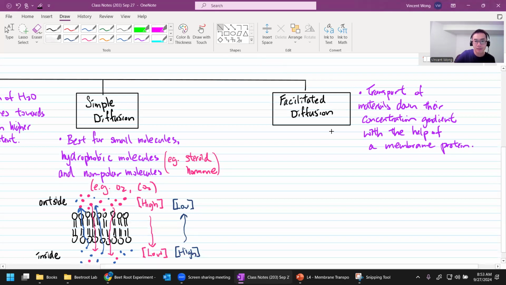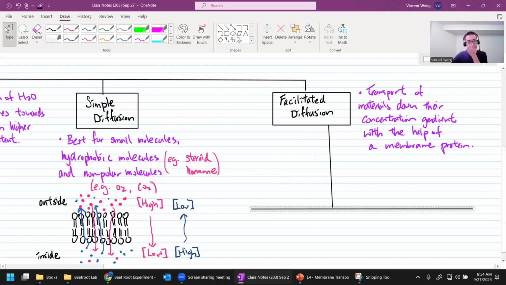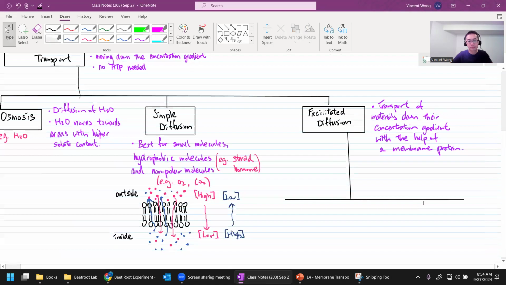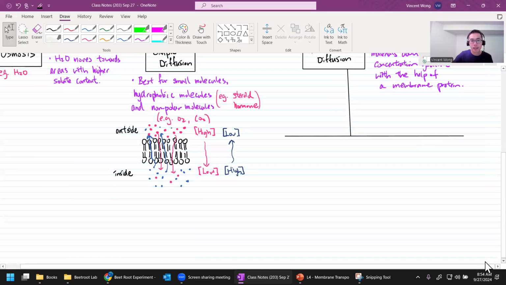So I have two types of facilitated diffusion for you. The first kind of facilitated diffusion is called channel protein.